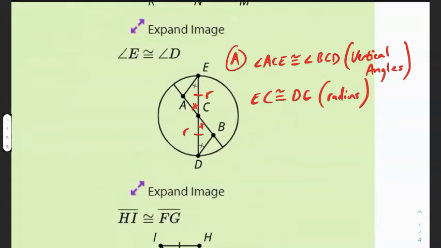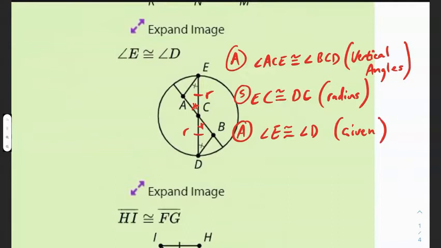Now they didn't quite tell us that C is the center of the circle. I'm assuming that. Okay, so that'll give us a pair of sides, and they do tell us that there's a pair of angles. Angle E is congruent to angle D, and that was given. They told us that. So are these two triangles congruent?